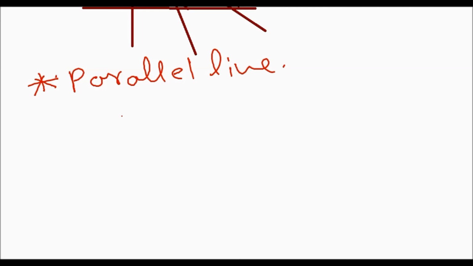Suppose two lines are parallel. First, let me draw a graph to help you understand.